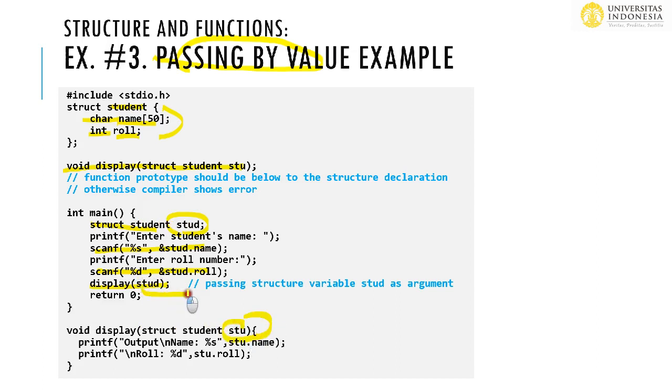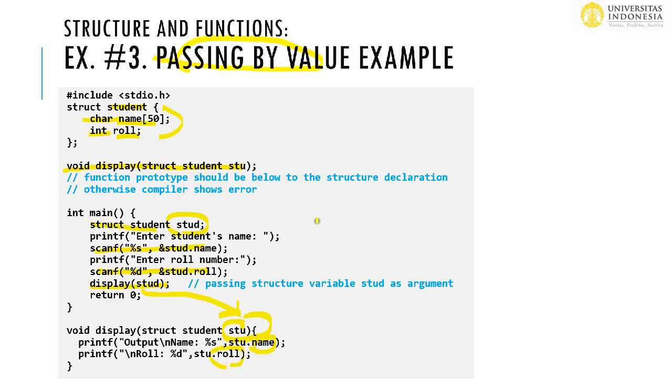So stud will be copied to stu because they have the same structure, and the function just prints all the members, the name and also the student roll number.